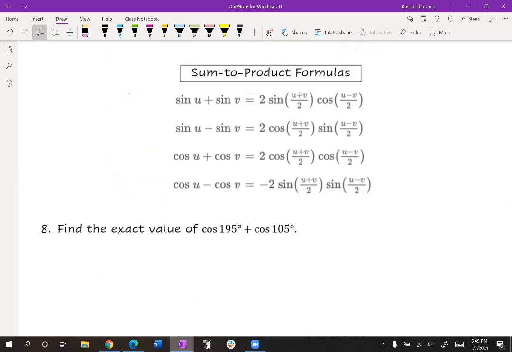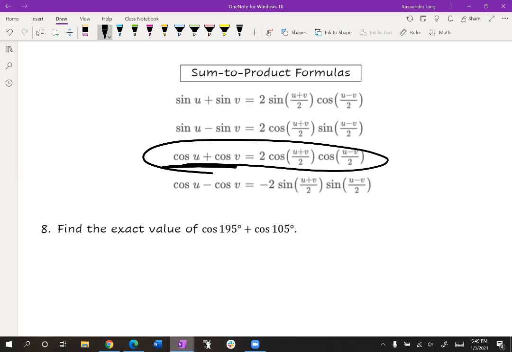So the sum to product formula says find the exact value of cosine of 195 degrees plus cosine of 105 degrees. I'm adding two separate cosines, so I'm going to go with this identity. And then that would mean cosine of u, the u is a 195, plus cosine of v, the v is 105, and let's plug it into the other side of the equation.